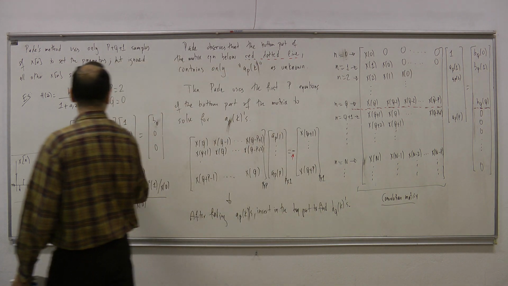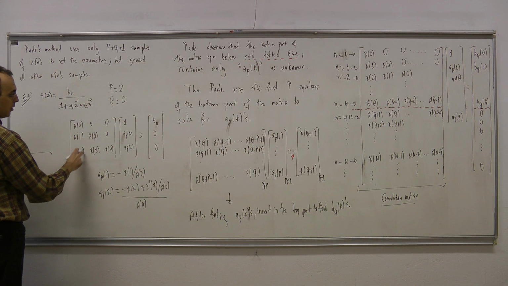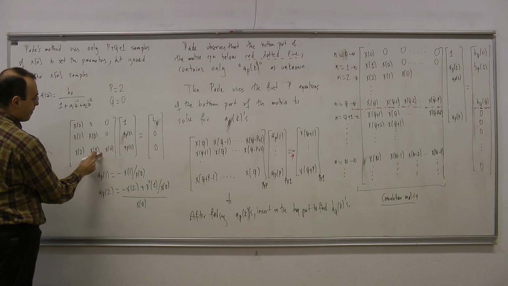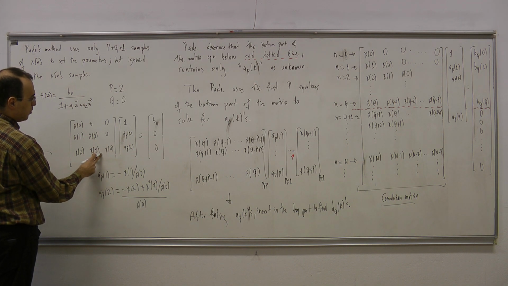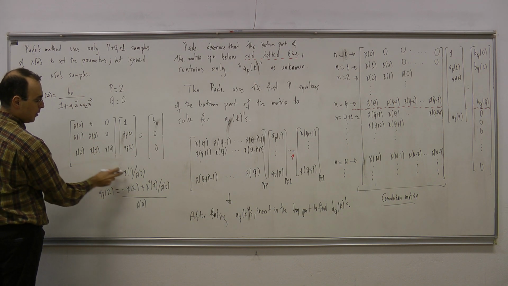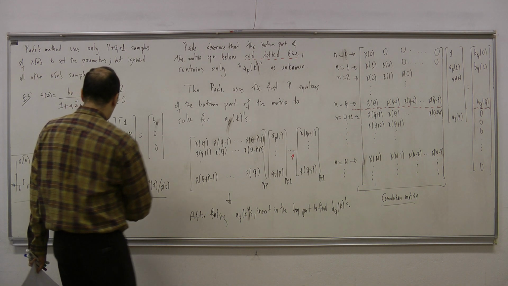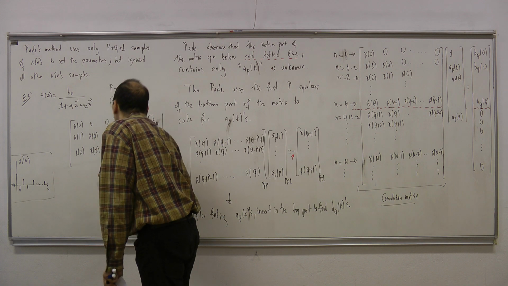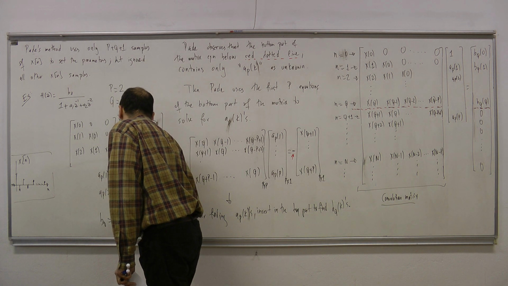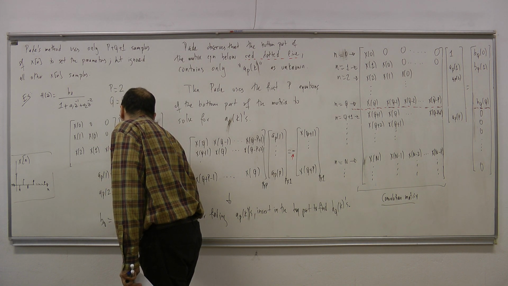This is correct, so x2 is on the other side. Okay, that is this one, divided by x0. And b0 is equal to, first line, x0.